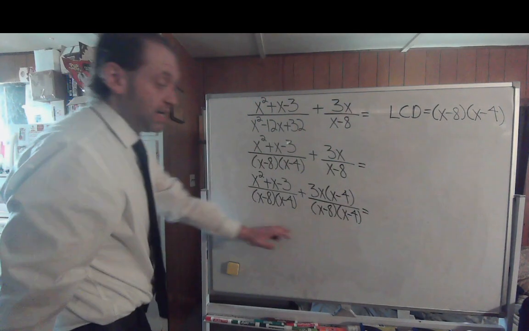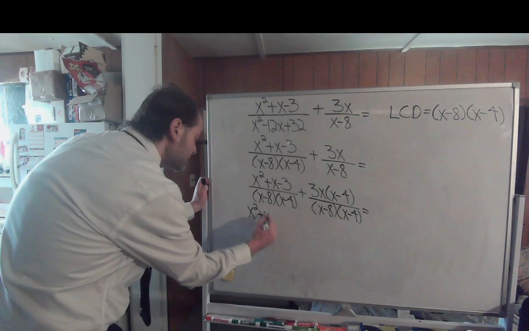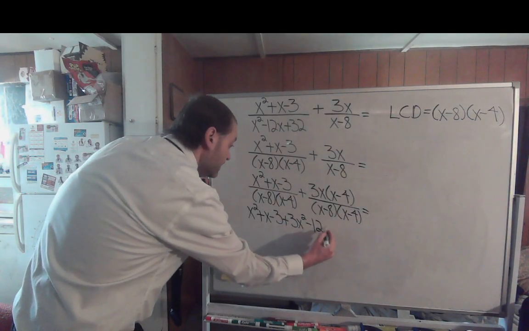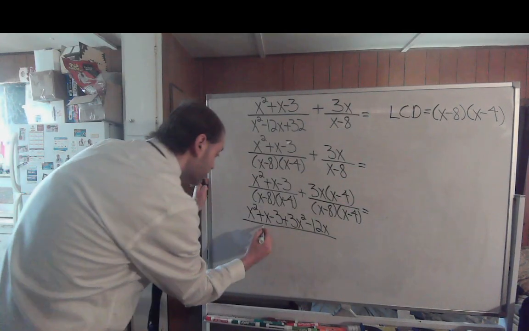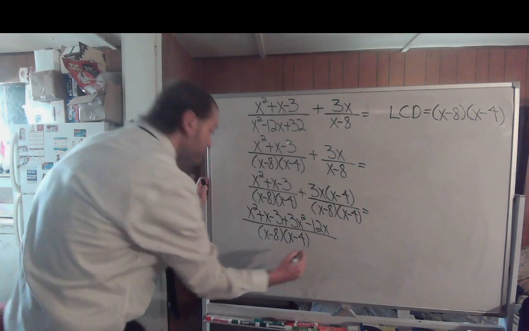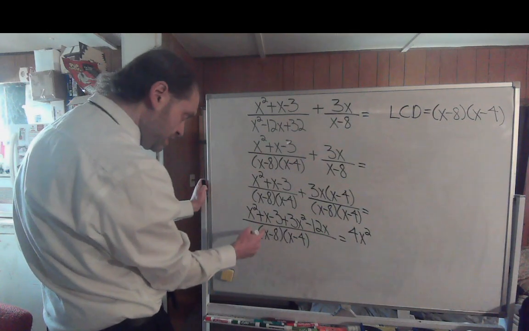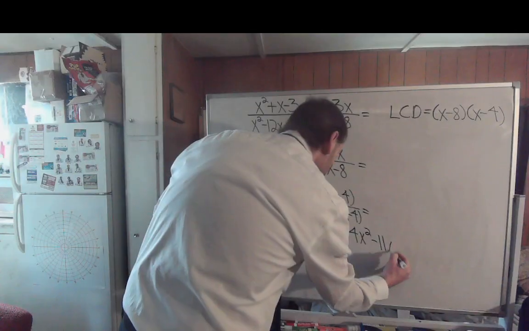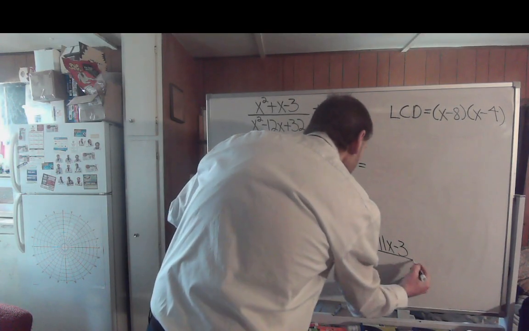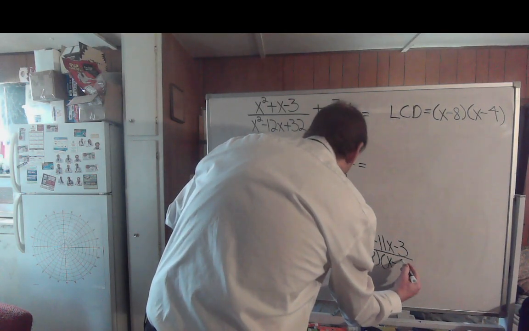So now that we have the same denominator for both, we can proceed. So this would be x squared plus x minus 3 plus 3x squared minus 12x, all over (x minus 8) times (x minus 4), which would turn into 4x squared minus 11x minus 3 all over (x minus 8) times (x minus 4).